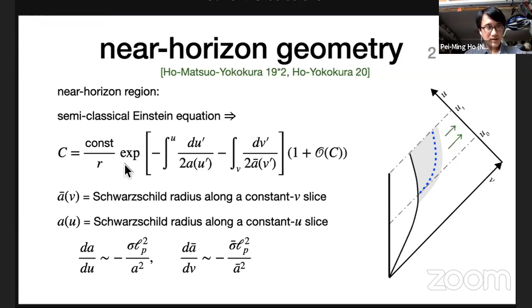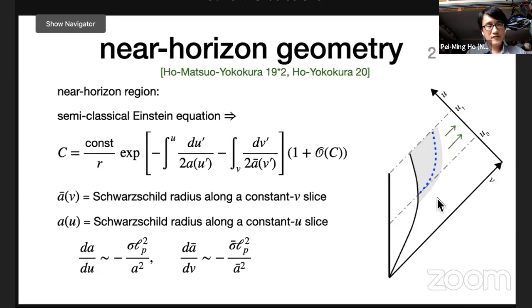So what we gain by solving this semi-classical Einstein equation is that we find that you still have this factorized form of C into a function of U and a function of V up to a factor of R. And this A and A bar are relatively functions of V or U only.